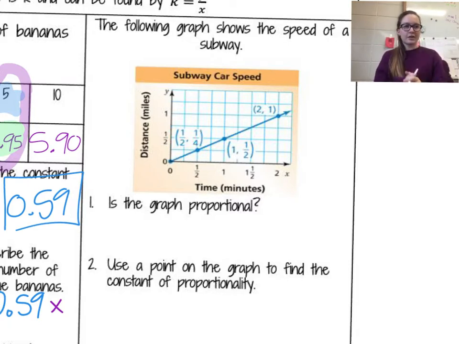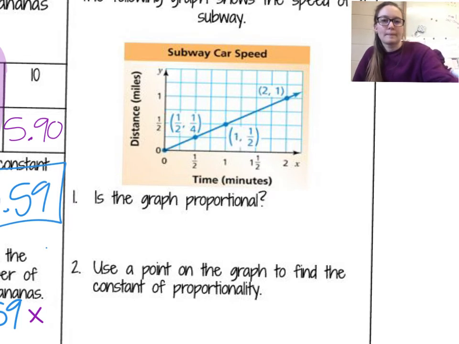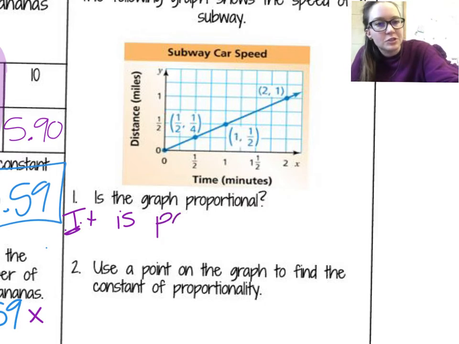So first we have to figure out, is this graph proportional? Can I do these steps? The answer is yes, it is proportional. Let me capitalize that so I can use a complete sentence. Right, there we go. It is proportional.